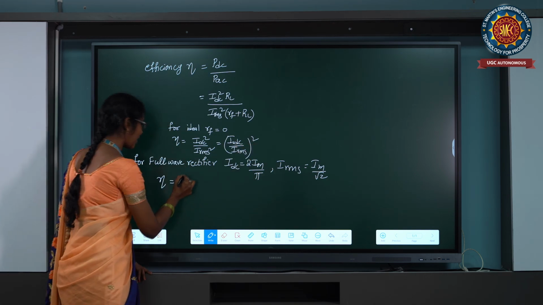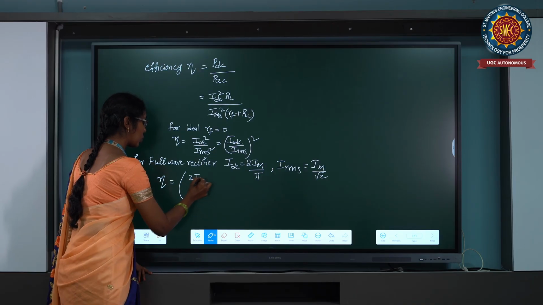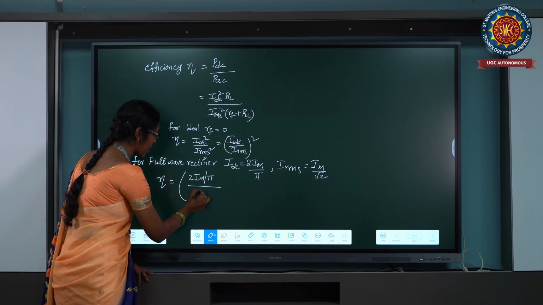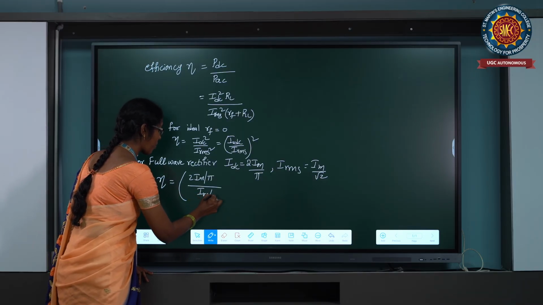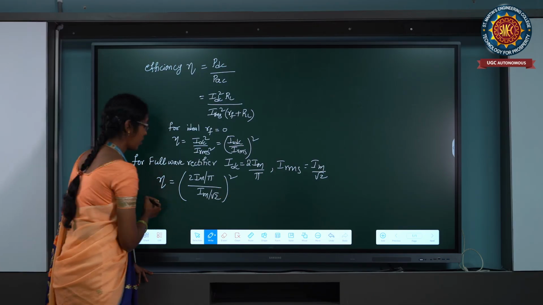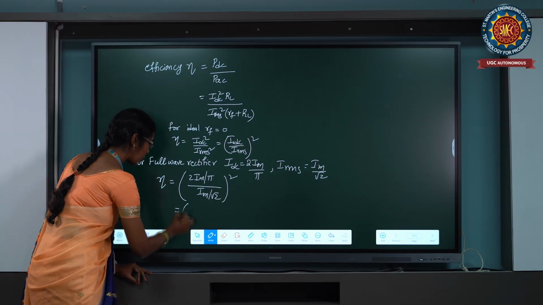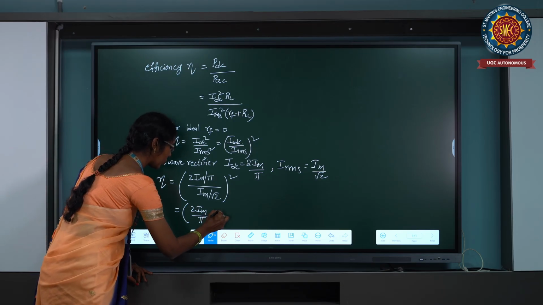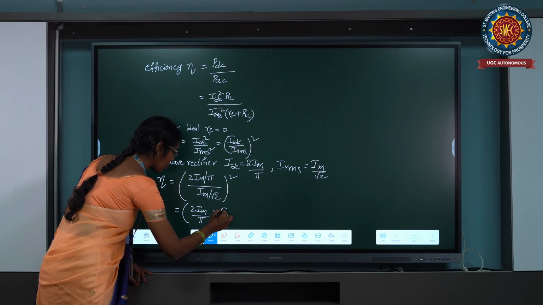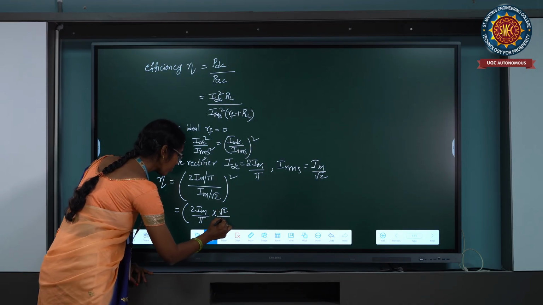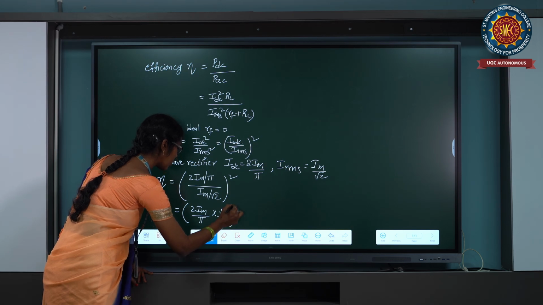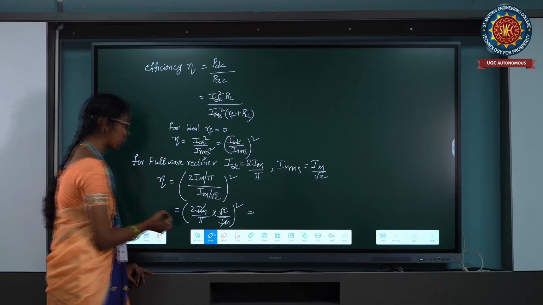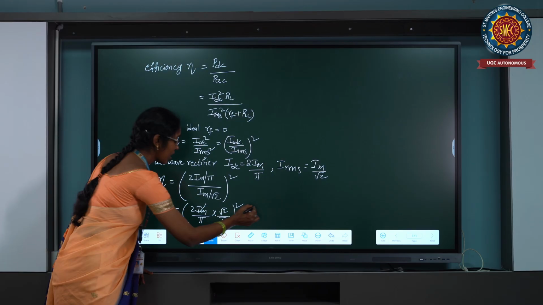So in the place of IDC, you have to substitute 2 Im by pi, and in the place of IRMS, you have to substitute Im by root 2, whole square. That is equal to 2 Im by pi into root 2 by Im whole square. Im gets cancelled. That is equal to 2 root 2 whole square, means 8 by pi square.